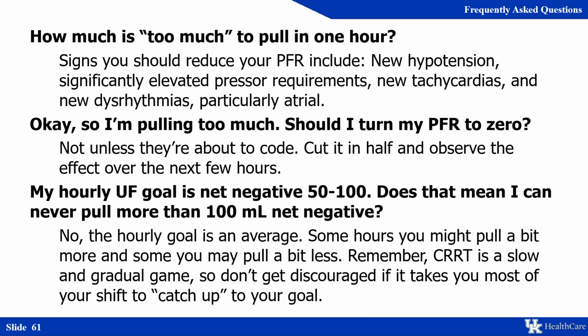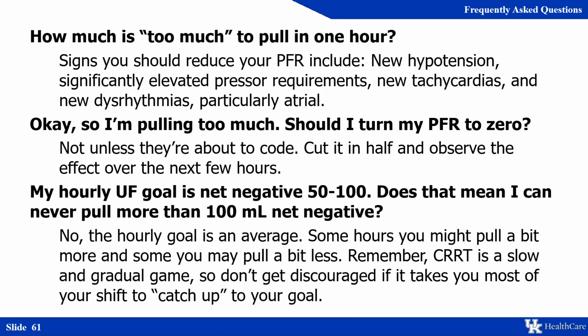Next question. My hourly UF goal is net negative 50 to 100. Does that mean I can never pull more than 100 mils net negative? No. The hourly goal is supposed to be an average. If the nephrologists want to pull, for example, a total of about 10 liters off your patient in 4 days, when you divide that out per hour, that ends up being about 100 mils net negative per hour.